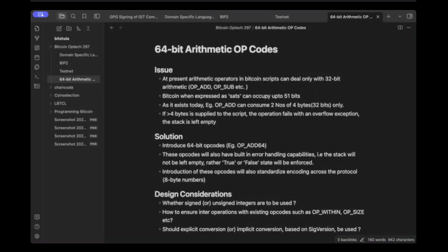There will not be a true or false state left, and in Bitcoin scripts, without proper state, you cannot proceed. If this error occurs, the script fails.